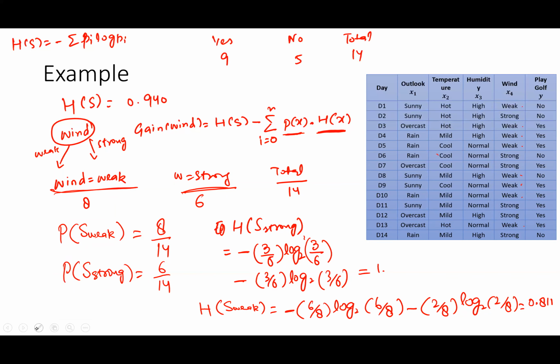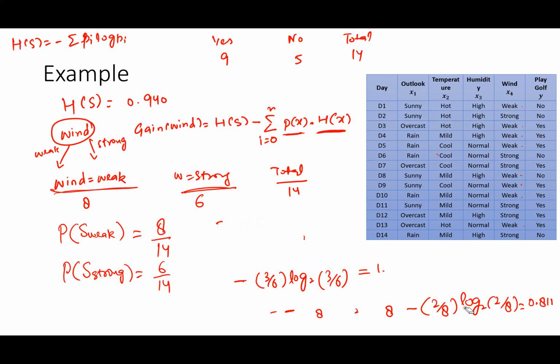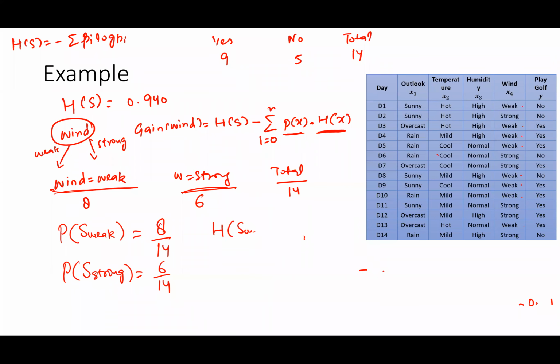Let me hide these two, because there is less space available now. So we got the probabilities, and we also got H of S weak, which is equal to 0.811, and H of S strong, which is equal to 1.000.